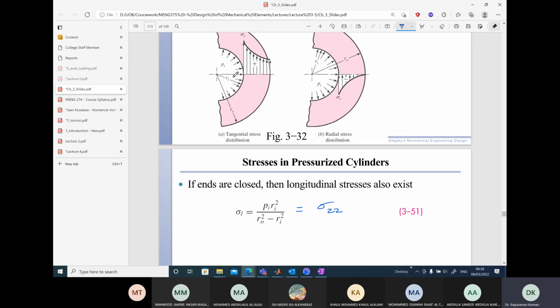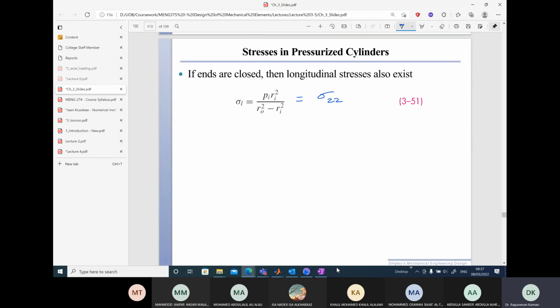Usually the pipes are running several meters long, so we can regard the ends of the pipe as not being closed. But if it is a short pipe, maybe we can consider the ends as being closed. If the ends are closed, then this is the sigma ZZ quantity. And we can also think of a pressure vessel in this case, a thick walled pressure vessel.